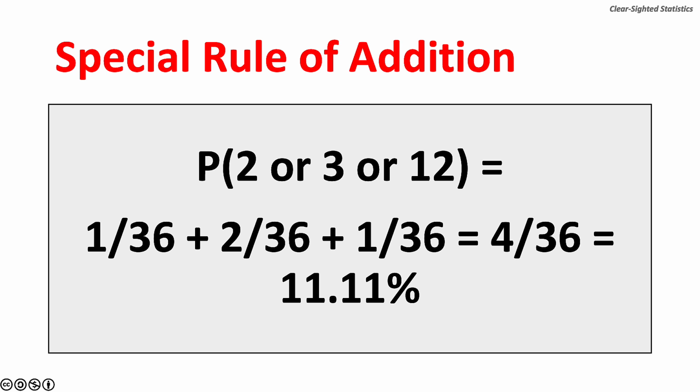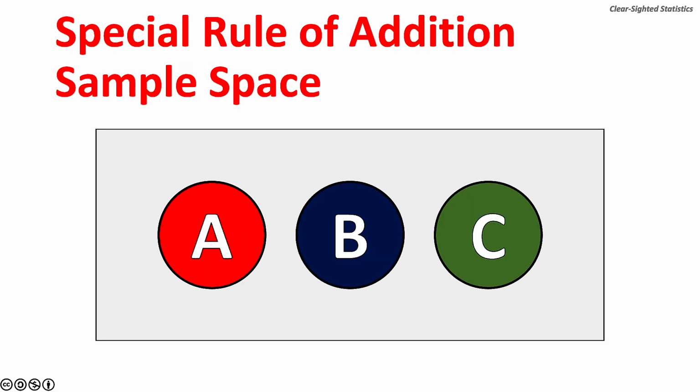Gamblers playing craps will get a 2, 3, or 12 11.11% of the time. This is a Venn diagram of the special rule of addition. The three events are mutually exclusive because they do not overlap.